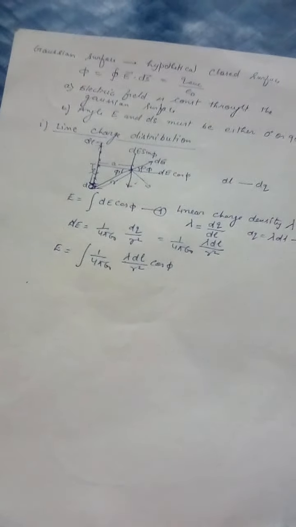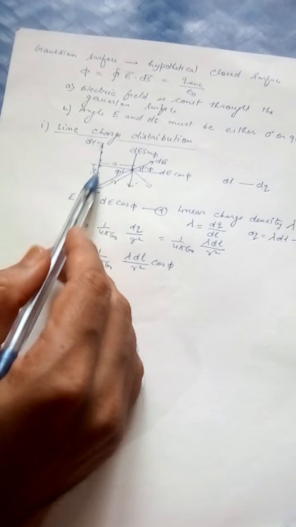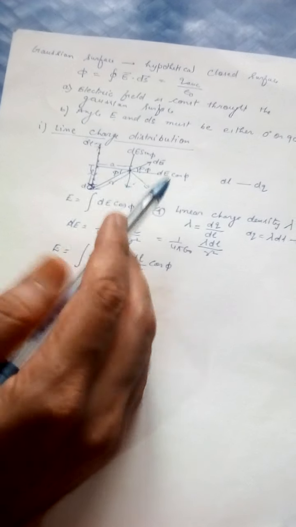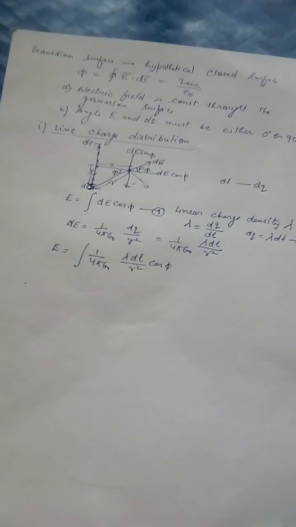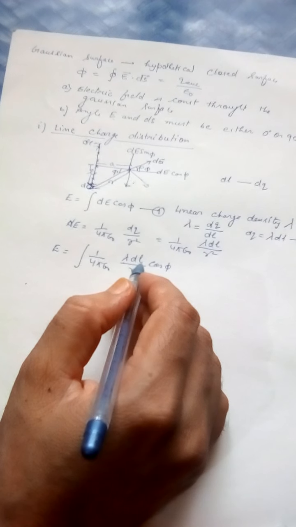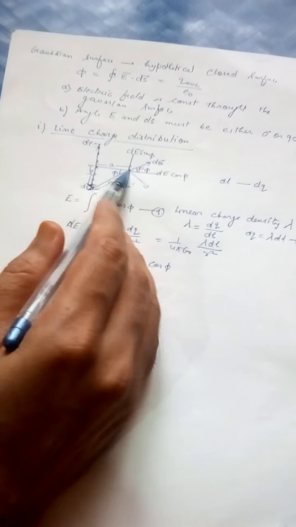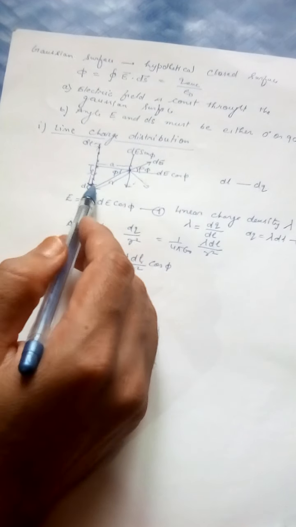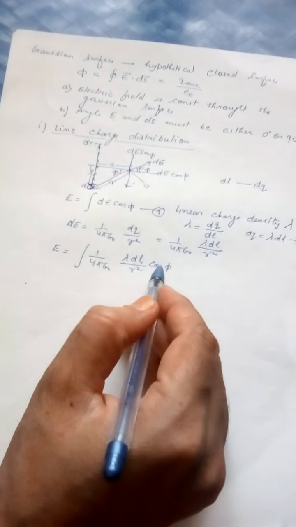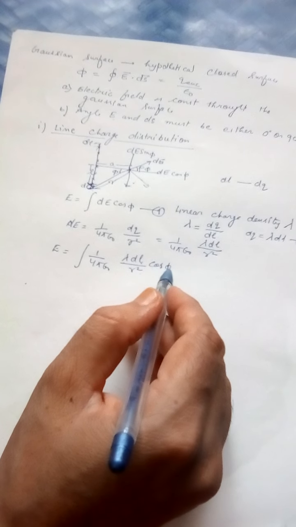Now you can see, students, that each dl element has a different distance from this point P. So this distance r is variable, and if the dl element is on this side, this angle phi is also variable. So r is variable and phi is also variable.